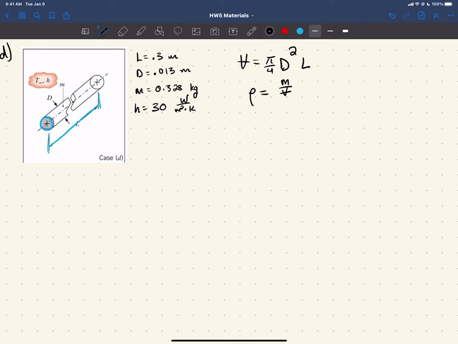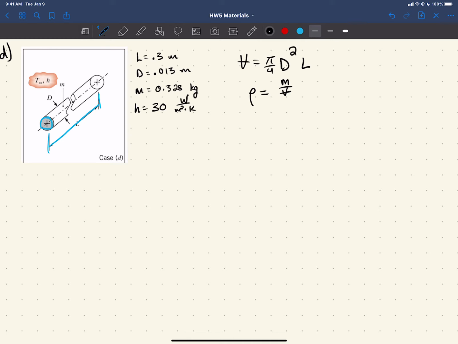If you remember from chemistry, density is a property you can use to identify a material, at least in the stuff that we're dealing with.